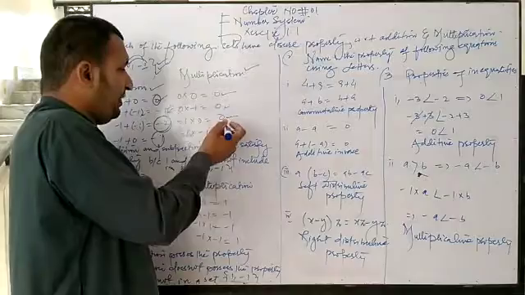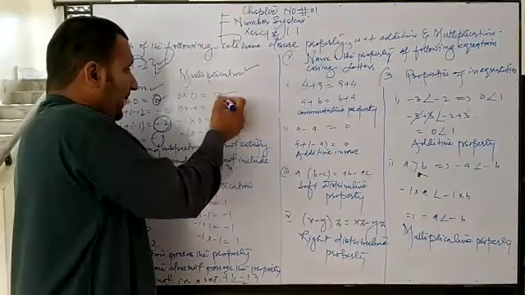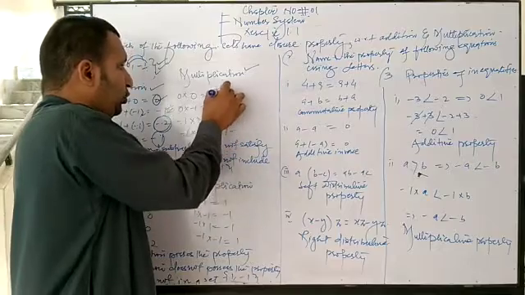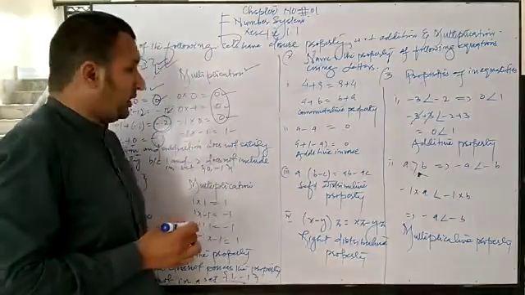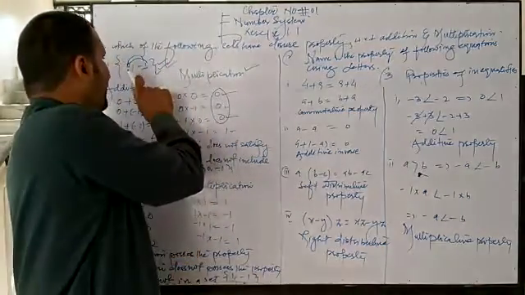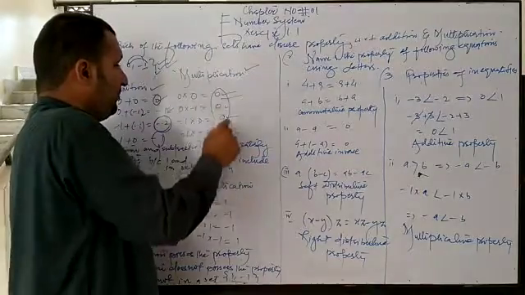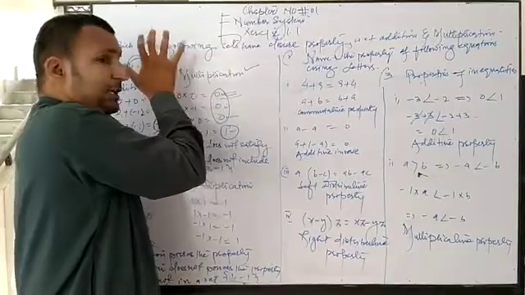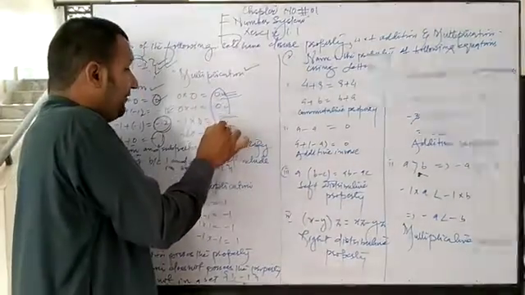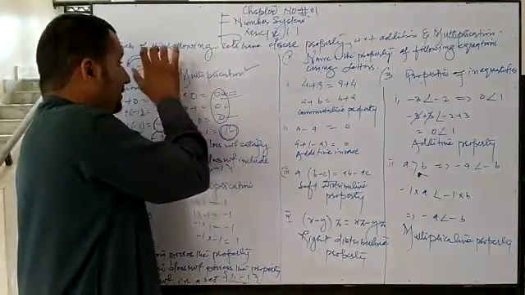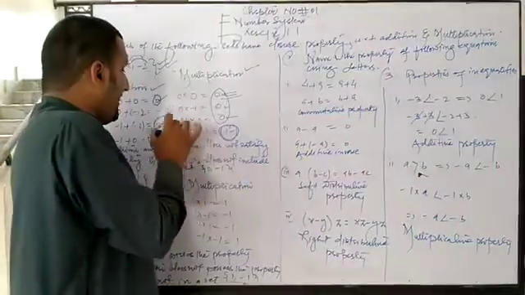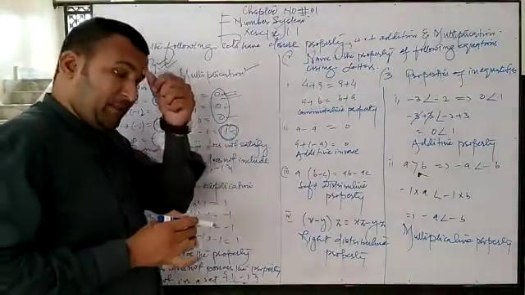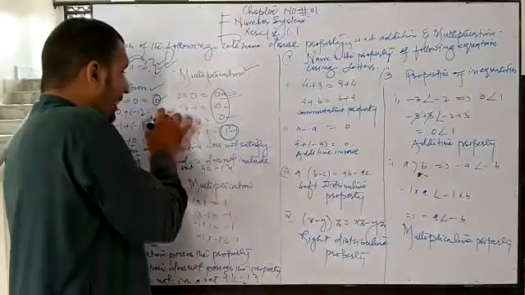Again in multiplication, 0 is included in the set {0, -1}, but 1 is not included in the set {0, -1}. So we have two values with respect to addition and multiplication, minus 2 and 1.